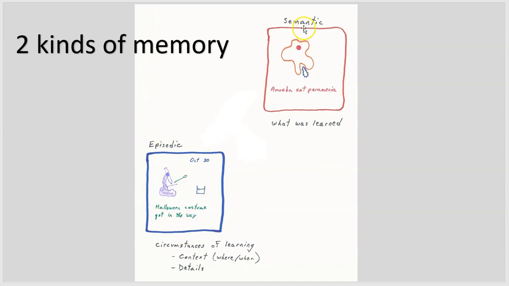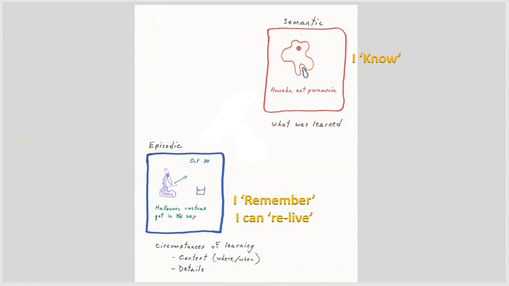By contrast, semantic memories are more about just the information that was learned. Semantic memories do not have the added extra detail of the circumstances of learning. It's just, what was it that was learned? And we use different words to refer to these kinds of memories. For episodic memories, we say things like, I remember, or I can relive that episode, right?